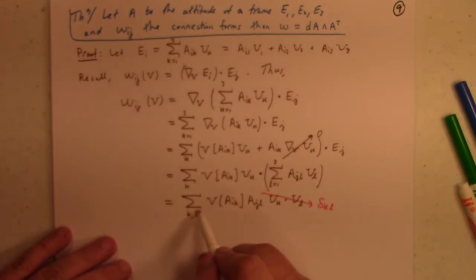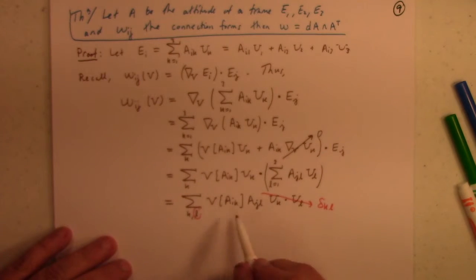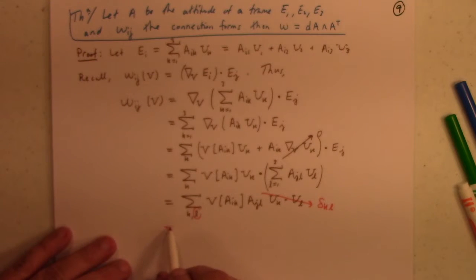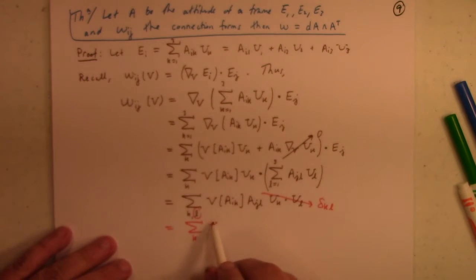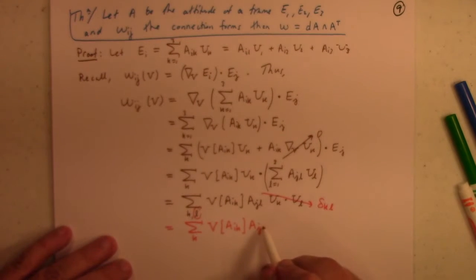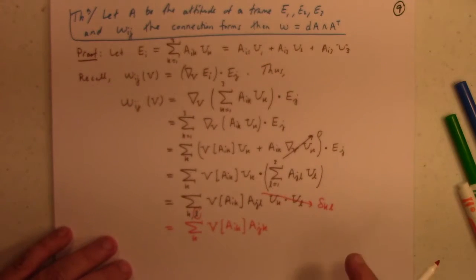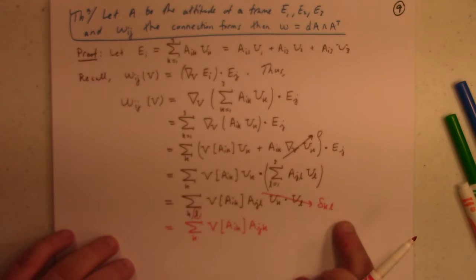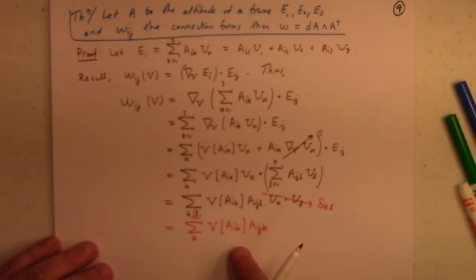With the Kronecker delta kl, you can get rid of one of these. I'll get rid of the l, and that sets k equal to l in the next step. So we've got the sum over k of A, I keep the k, A j, lose the l by the Kronecker delta from the previous step. But what do we have here?